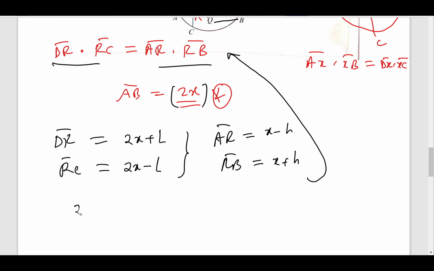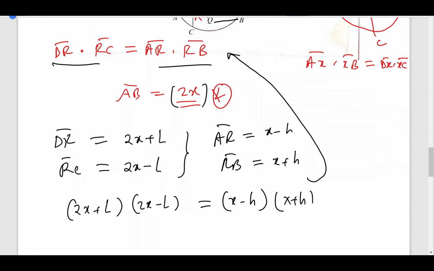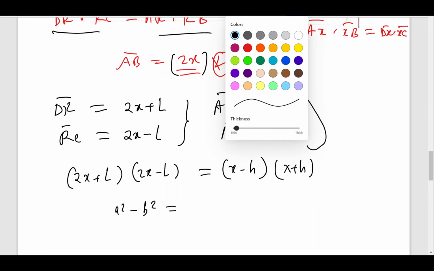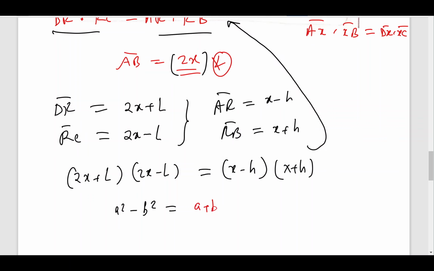So now you have 2x plus L times 2x minus L equals x minus H multiplied by x plus H. Remember difference of two squares. If you have a square minus b square, this equals a plus b, a minus b.